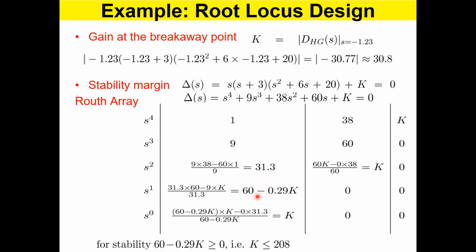This one we don't know: 60 minus 0.29k. As long as this is positive, the system is stable. The moment this becomes negative, the system is unstable. So therefore, you have to check that 60 minus 0.29k has to be greater than or equal to 0, which means k should be less than 208.